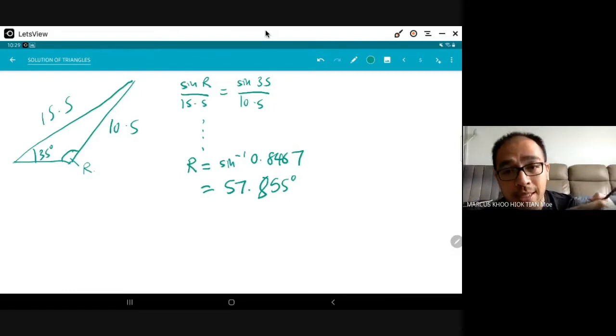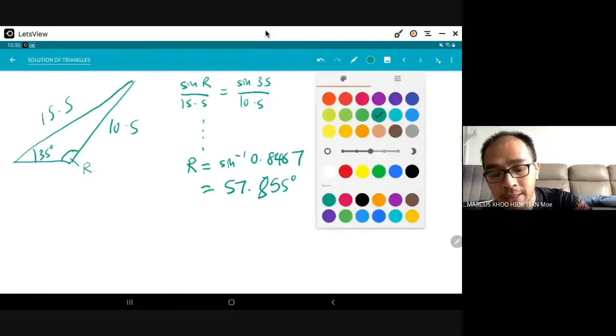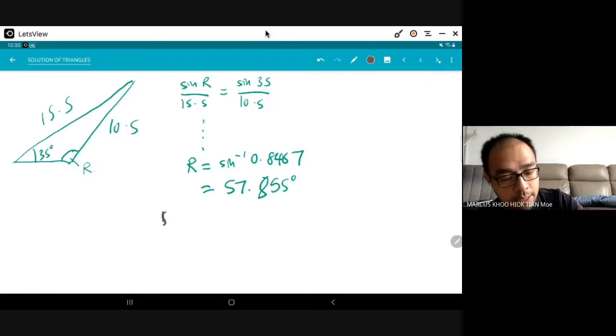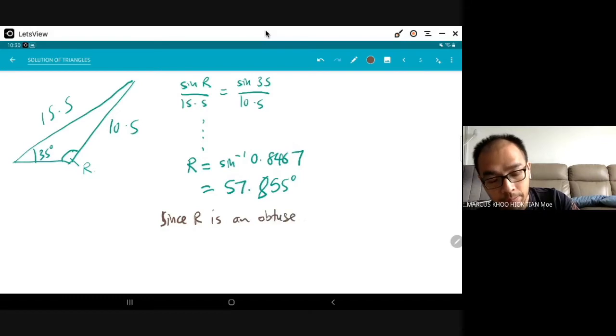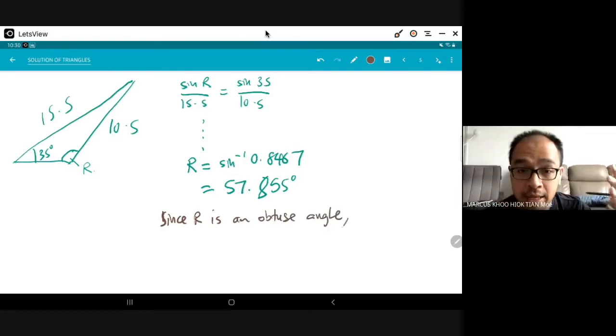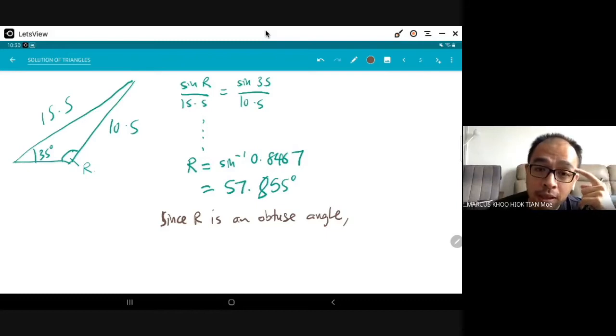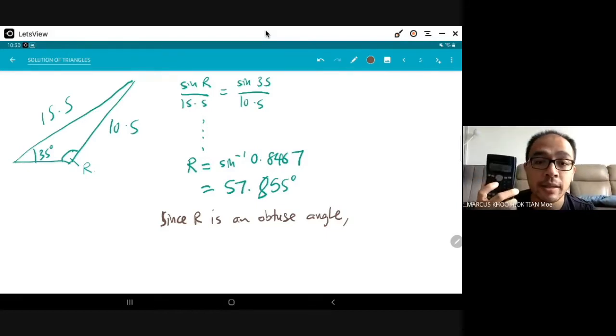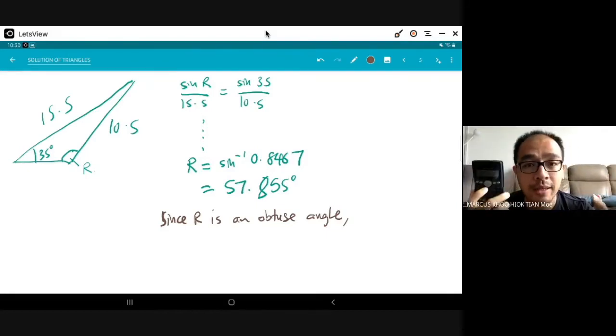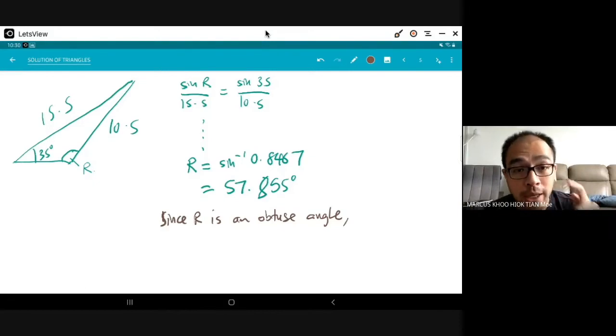If you see the triangle and you know that it is obtuse, you must write down: since R is an obtuse angle. As I said just now, human is always smarter than calculator. The calculator cannot show you an obtuse angle, but you can.